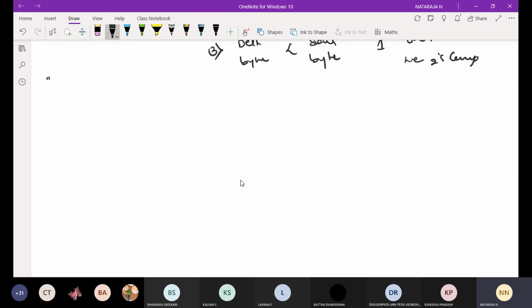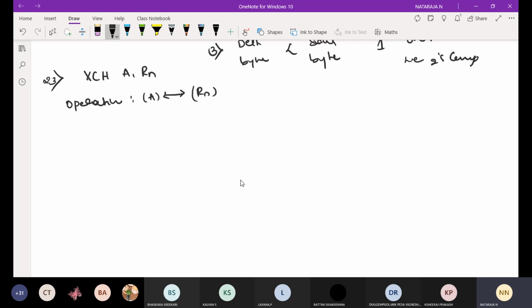Next we'll go for the next instruction, that is the exchange instruction. Instruction number will be 23, I think. Exchange A, Rn. The operation behind this instruction is we are going to interchange the data from accumulator to register and register to accumulator. Here none of the flags are affected. Why?